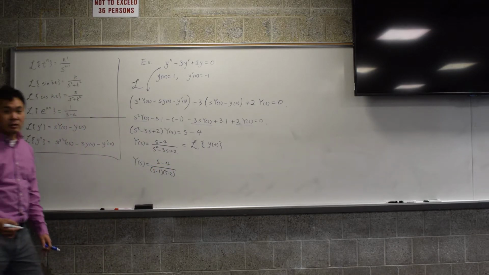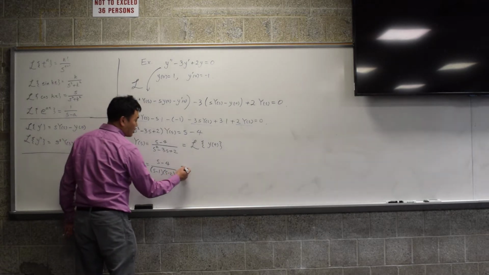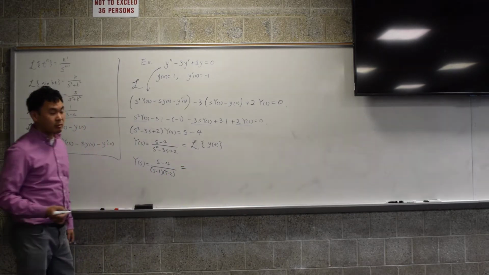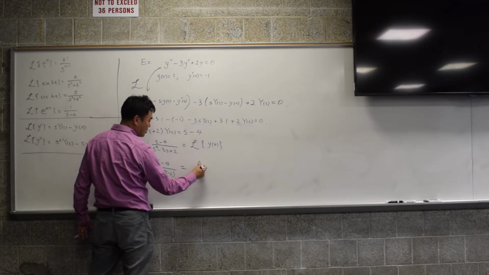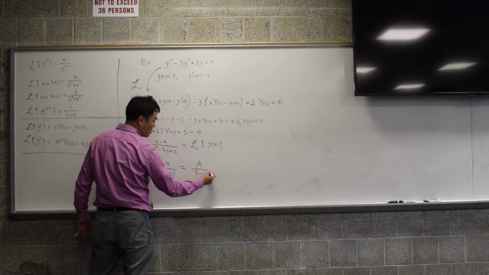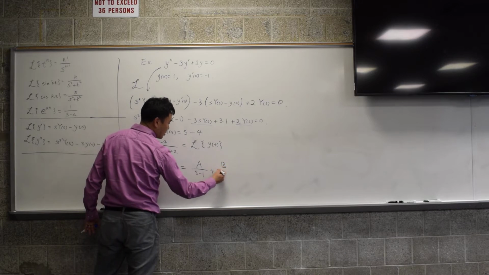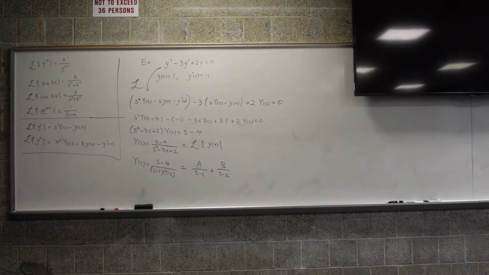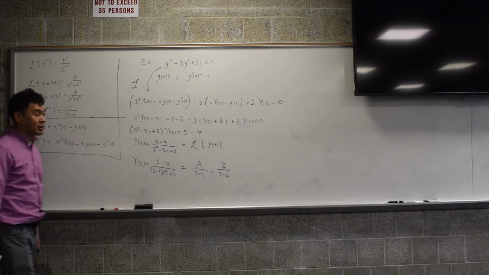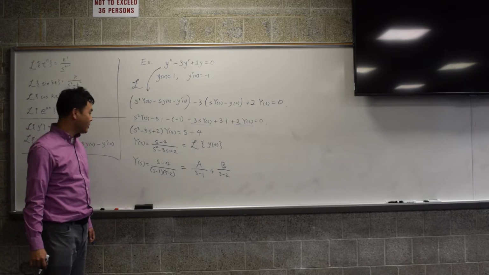And therefore, using the method of partial fractions, I know that this can be written as A over s minus 1 plus B over s minus 2. And then I have to figure out what A and B are. Okay? So let's do that.